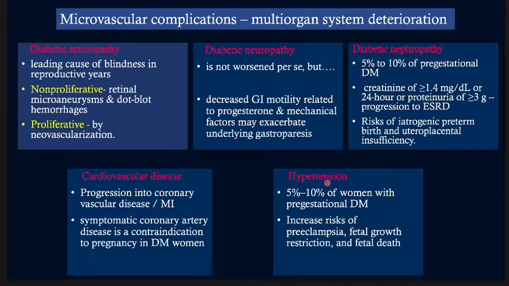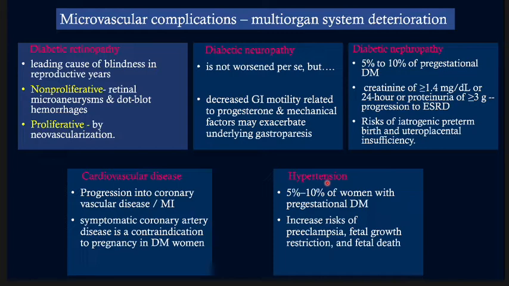Vision or eyes should be checked yearly, because we could expect worsening of vision in a non-compliant patient. They might have retinal detachment, they can have hemorrhages, and so on. So non-proliferative retinopathies are expected. That's why yearly they have to go and have a checkup by an ophthalmologist.